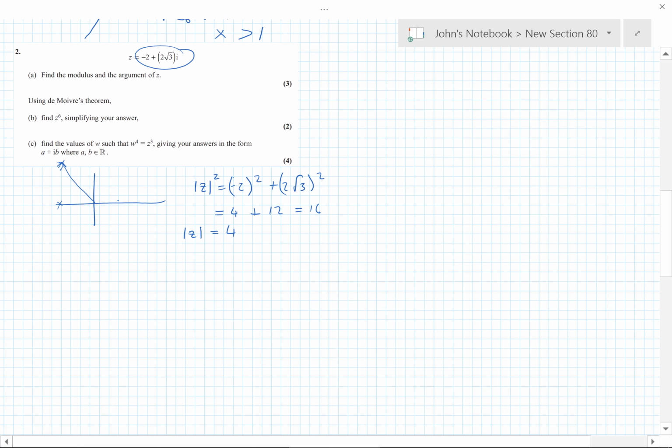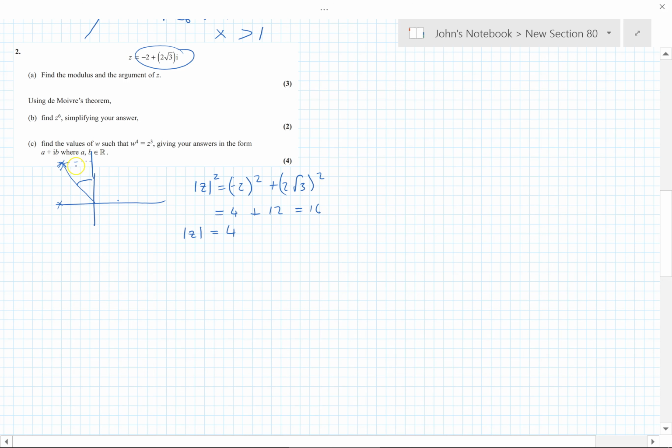Okay, so the argument will be equal to this angle here. So we need to take a little bit of care. Just simply putting arctan in the calculator and expecting us to get it right here is probably not to be advised. So what I'll do is I'll find this angle here and add it to 90.